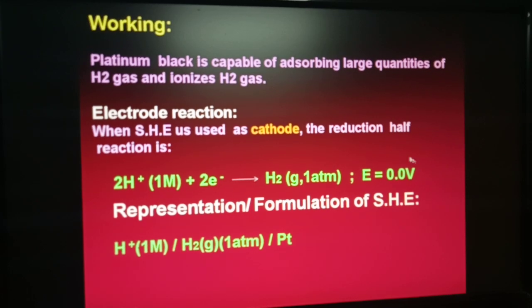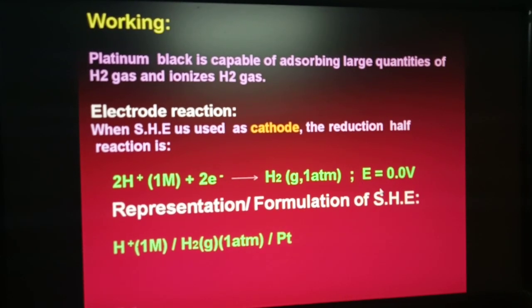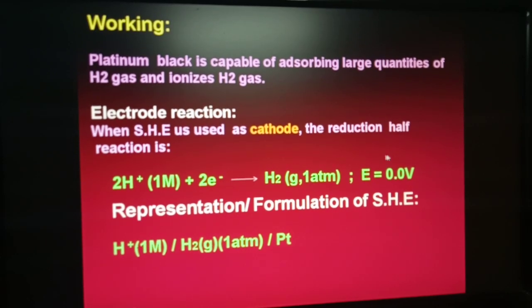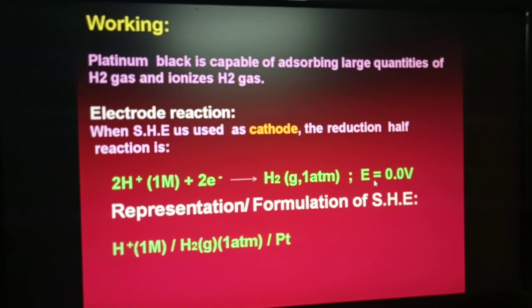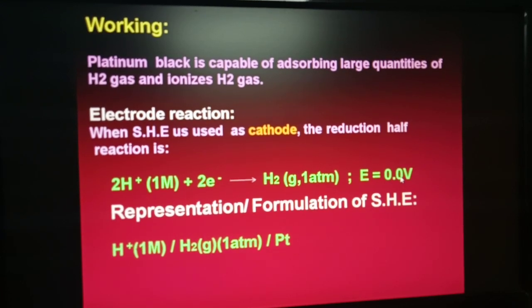We can distinguish oxidizing agents which are above the hydrogen electrode in the EMF series and strong reducing agents which are placed below the hydrogen electrode in the same EMF series.